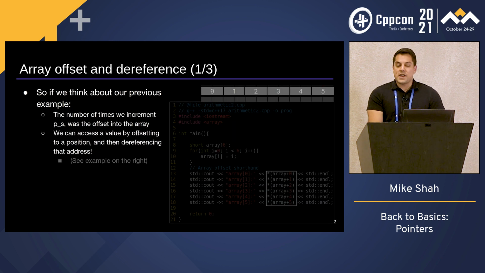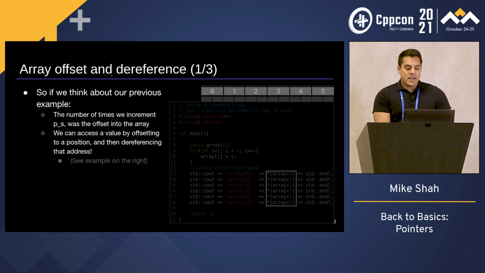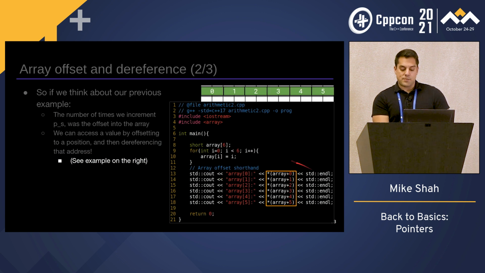Okay, so note on arrays as well, since we're thinking about offsetting, as I was showing here, just moving one item at a time. The number of times that I was incrementing p_s was moving us through the array. And we can actually do this with our array here. So I'll show the example in the bottom right corner, where I have an array.